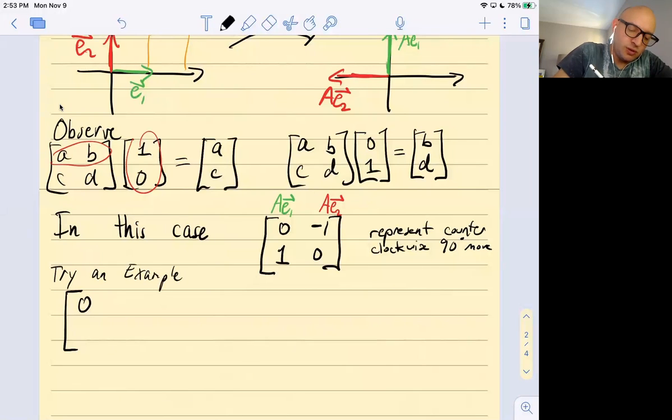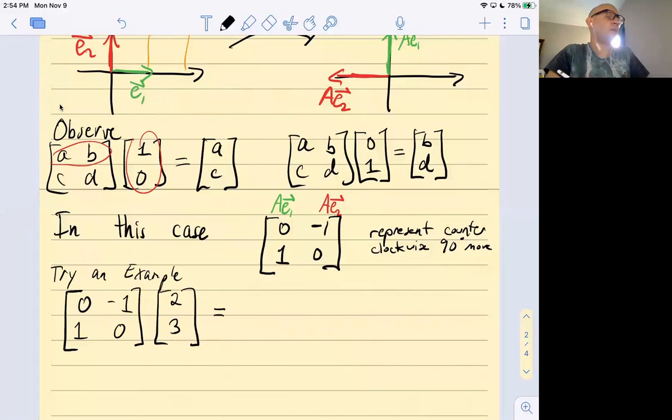What if I do the matrix 0, 1, negative 1, 0 times 2, 3? Can anyone tell me what that is?